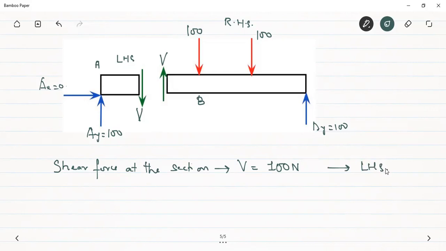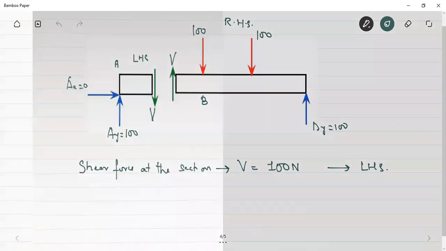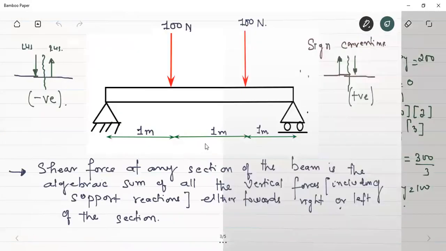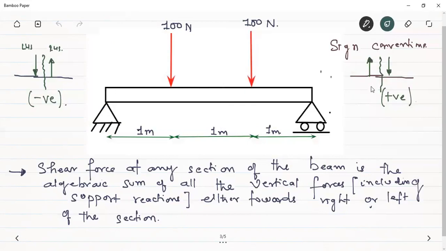Now we have seen what the shear force is, but we have to see what the sign of the shear force is. So for the sign convention, will it be positive or negative? I had discussed the sign convention. If towards the left hand side of the section the net force is upwards, then it will be treated as positive. Or towards the right side of the section, if it is downwards, then again it will be treated as positive.